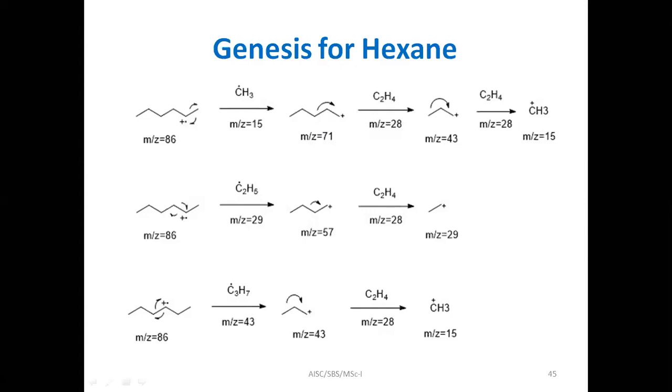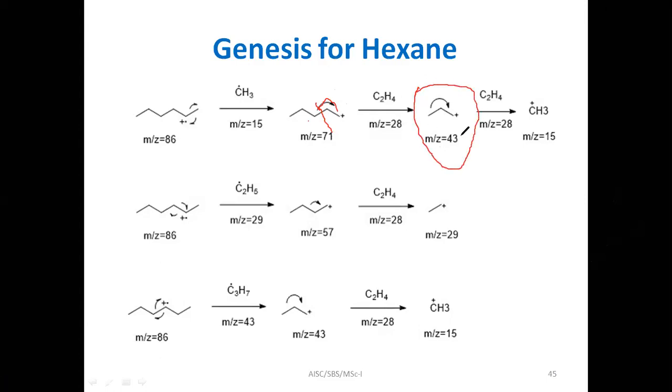Then from the same species with that positive charge, this middle bond is shifted, that is, this bond breaks and makes a CH2 CH2. So breaking takes place with shifting of these two electrons. The positive charge will go to this carbon, and you are getting 43 mass.